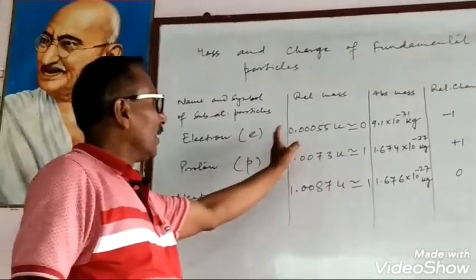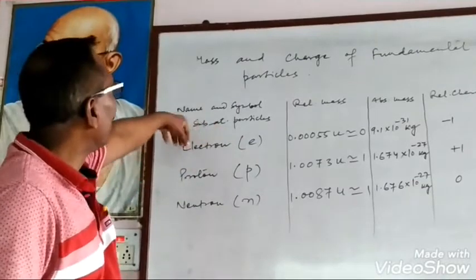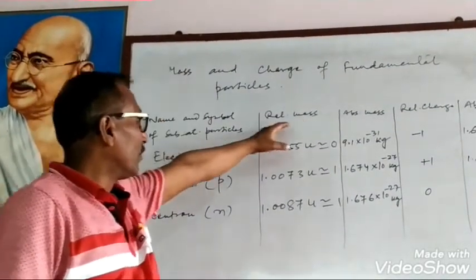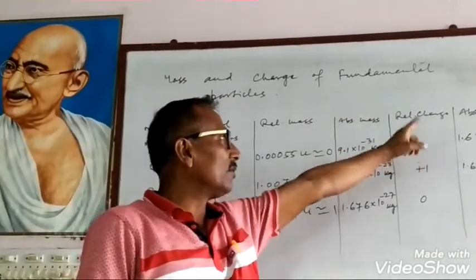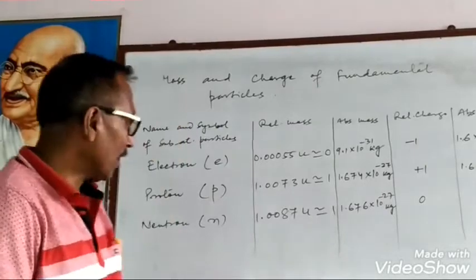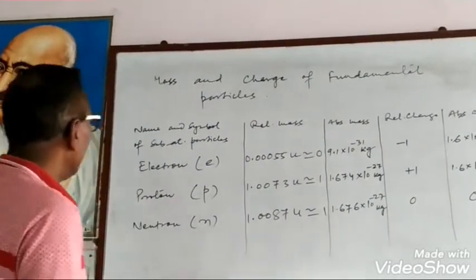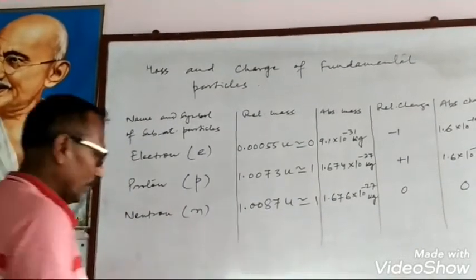So this chart will give us information about mass in terms of relative mass and absolute mass, and charge in terms of relative charge and absolute charge of subatomic particles, that is electron, proton and neutron.